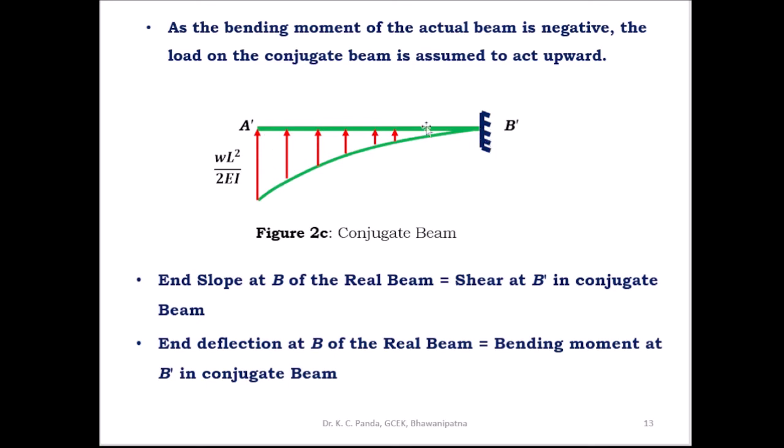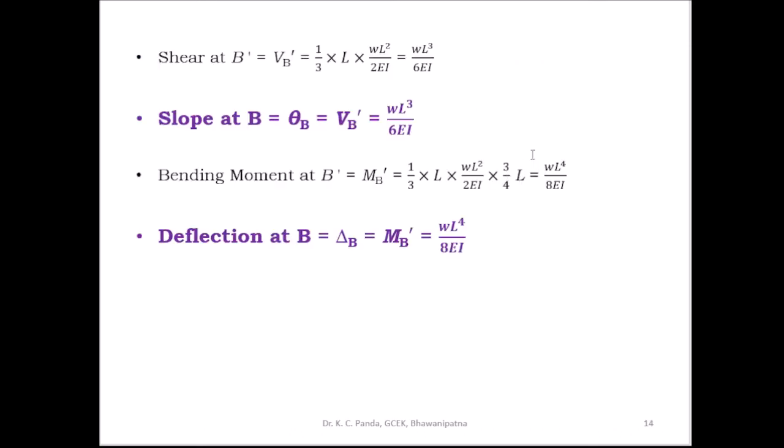So you have to find the moment of this area about B dash. The area of this one is 1/3 into L into WL square by 2EI, and the centroidal distance from this end is 3/4 into L. The bending moment at B dash, MB dash, is equal to 1/3 into L into WL square by 2EI, into the centroidal distance 3/4 into L. So this is equal to WL fourth by 8EI.